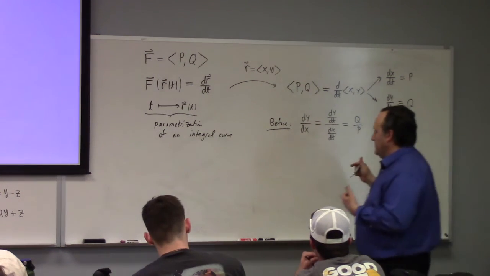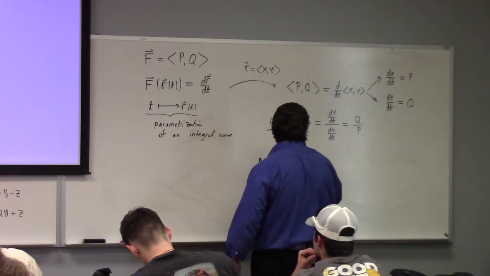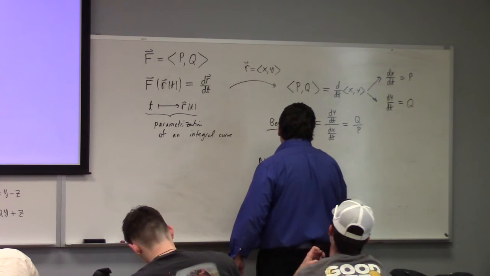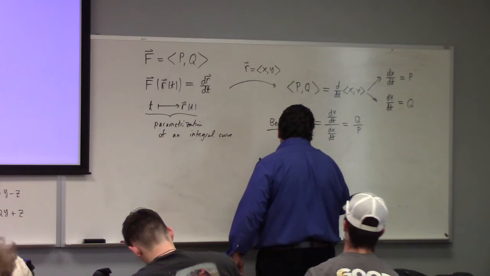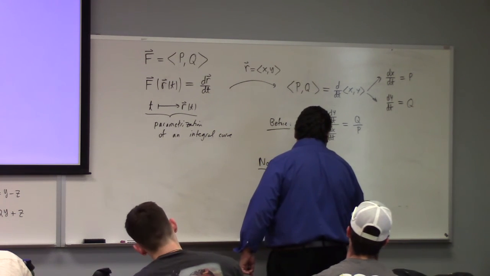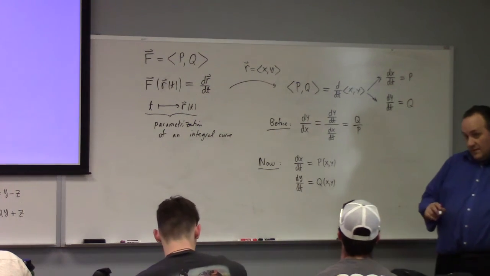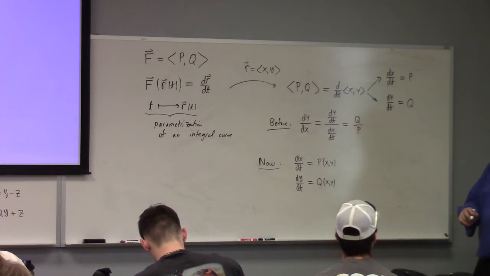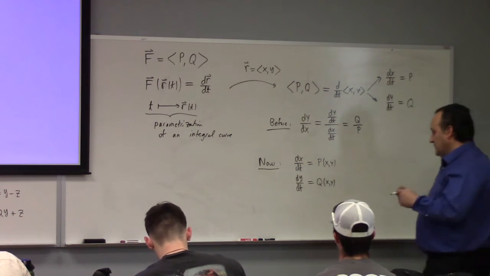Now we can try to solve dx/dt equals p, and we can try to solve dy/dt equals q. And now p is a function of x and y, and q is a function of x and y, right? Can we solve these? Well, I don't know. You guys tell me.